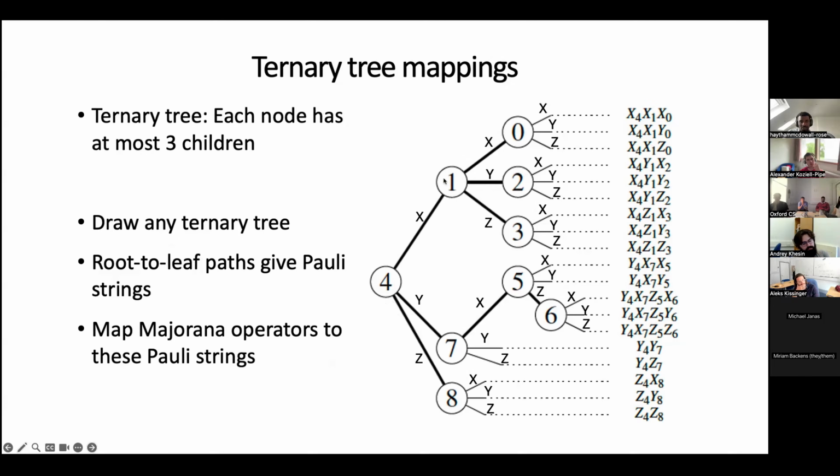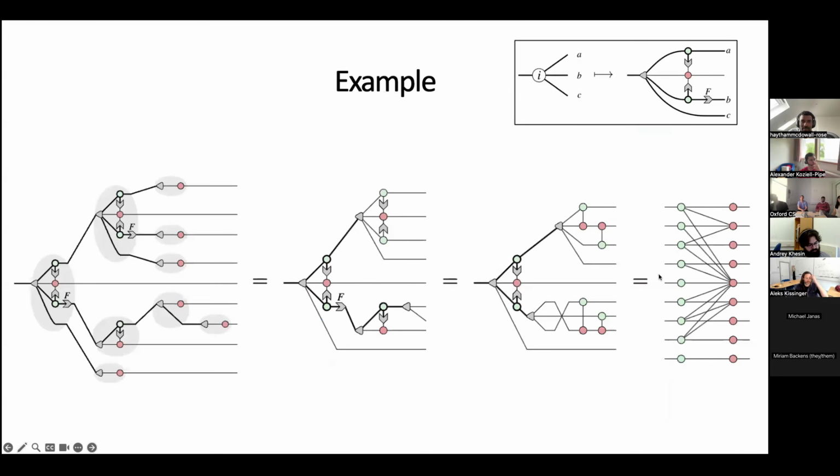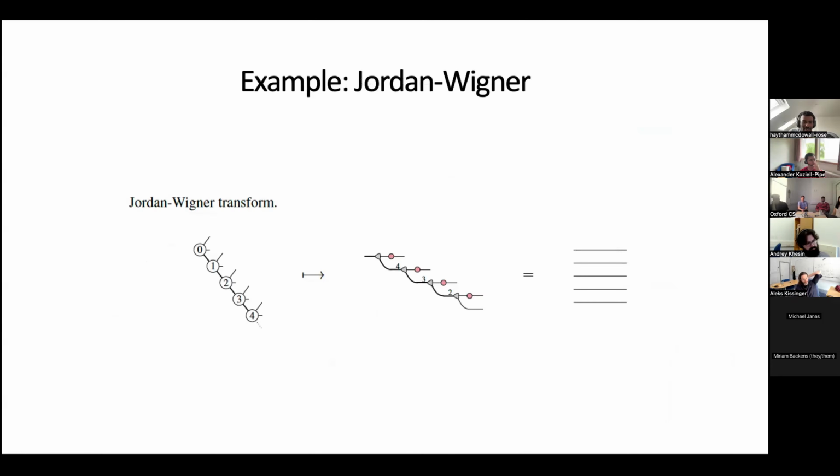So this is X4, Y1, Z2. Aha, there we go. I probably should have made that clearer at the start. If you're confused about where this pile of strings comes from, it's through traversing the tree. So here's Y4, X7, X5. Whoa, wow, amazing. It's there. And these will be the Majorana operators.